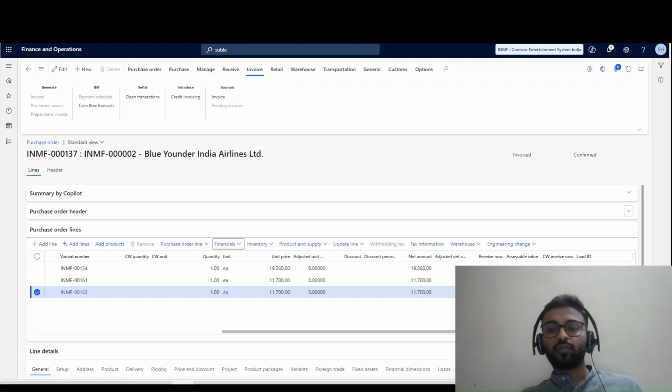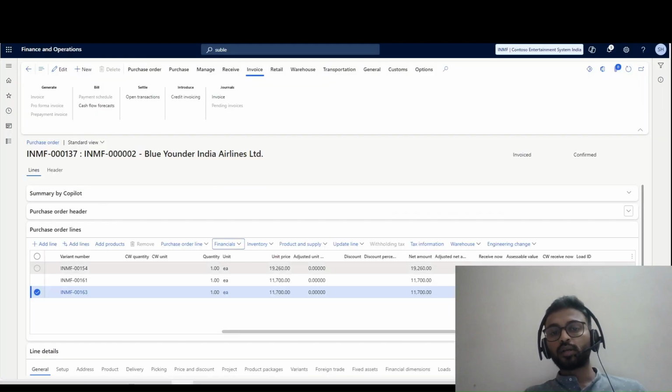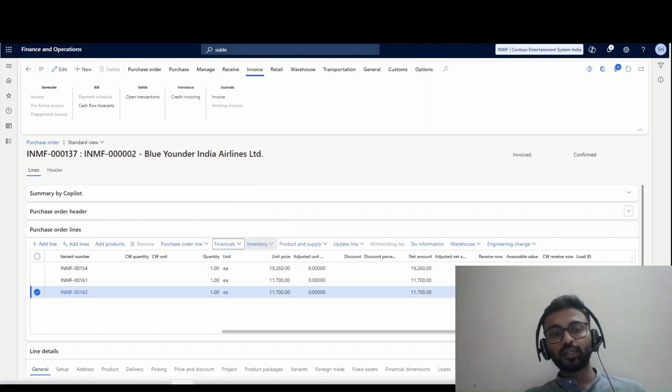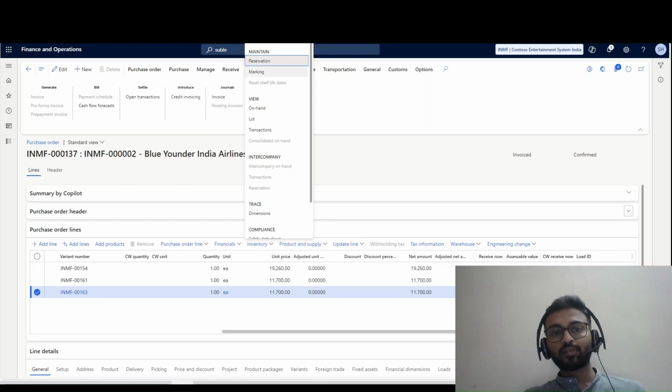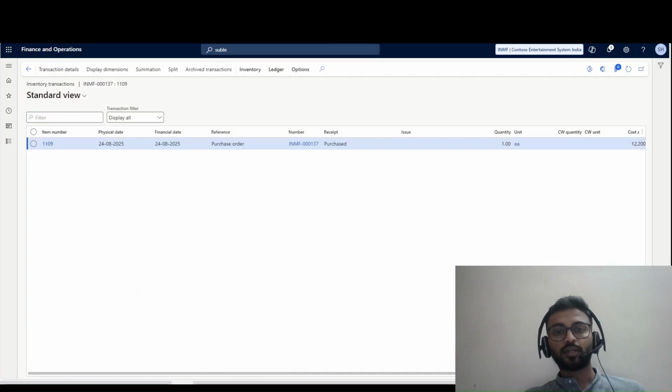If you see here, there is no impact of this 500 in the voucher, but it will cost to the company. So at voucher level it will be directly added into the stock.